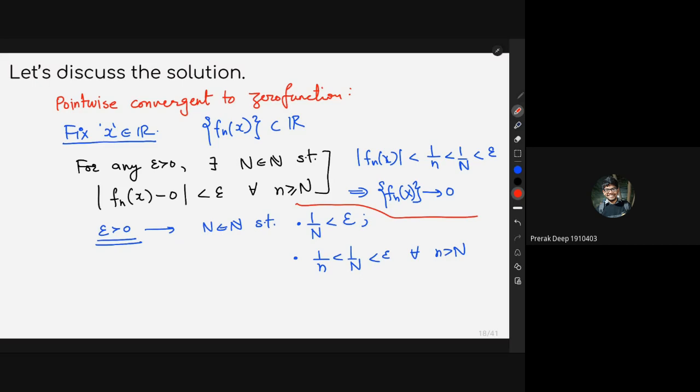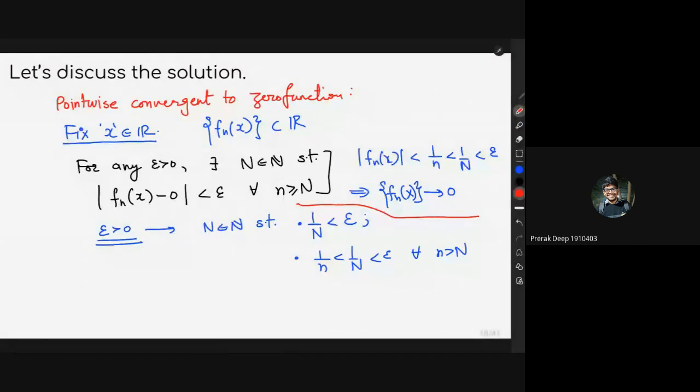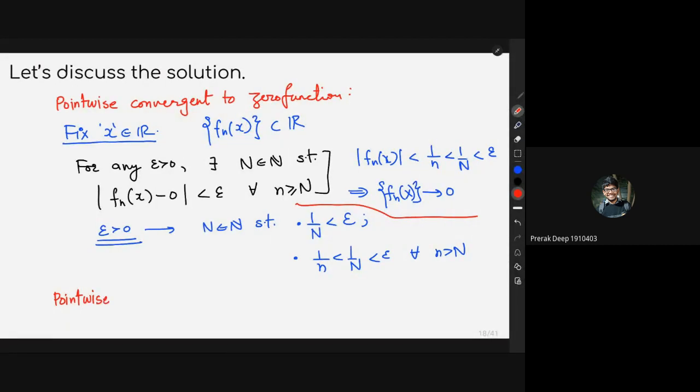So we can say that it is pointwise convergent to a zero function. Any question?